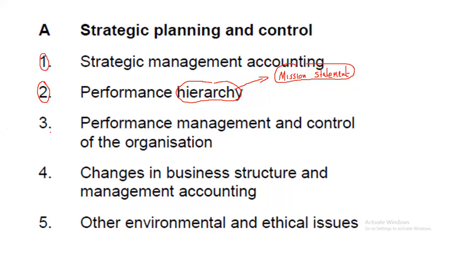Then we've got the concept of performance management and control, and you notice that this area really is about your budgeting. Then we've got the issue of our business structures, organization structures. From there, we'll move on to what is happening in the environment. What are the issues to do with the environment in which we operate?